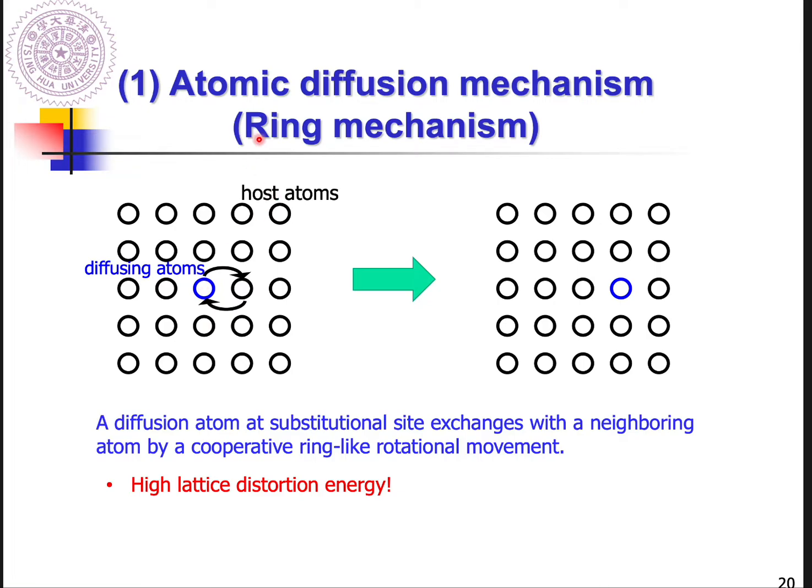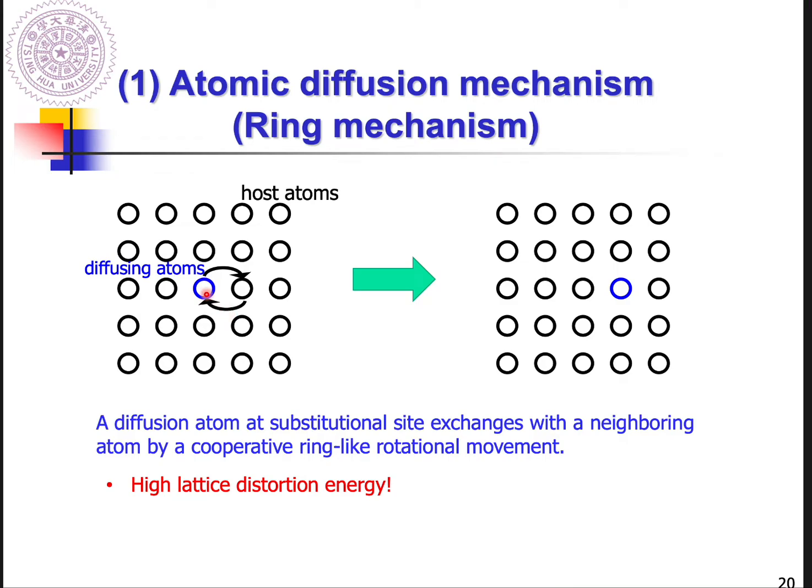What does the ring mechanism talk about? It is a diffusing atom at a substitutional site exchanging with a neighboring or nearby atom by cooperative ring-like rotational movement. The diffusing atom moves to the right-hand side, and in the meantime, the host atom moves to the left-hand side.